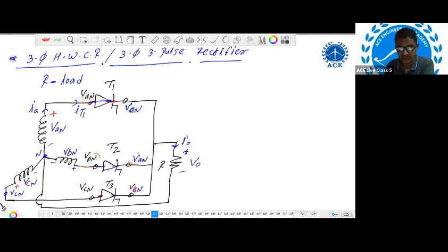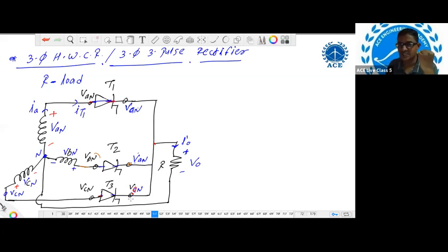Now you can check what will happen to T3 when T1 turns on. Once T1 turns on, at the cathode of T3 the voltage is VAN, and at the anode of T3 the voltage is VCN. Now at the instant of triggering of thyristor T1, check the values of VCN and VAN.